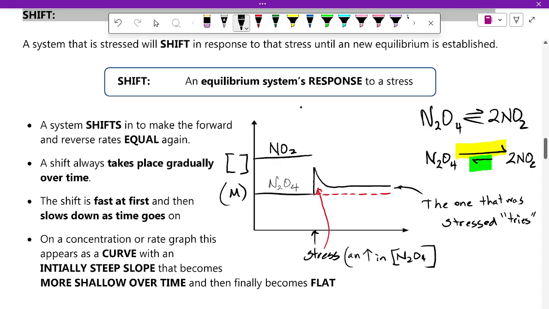The NO2 will go down along with it to the same place. Hang on.